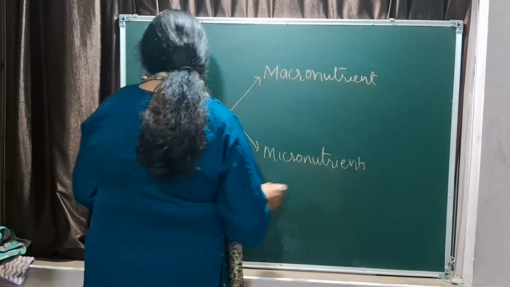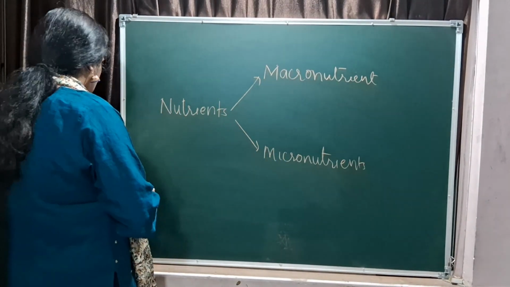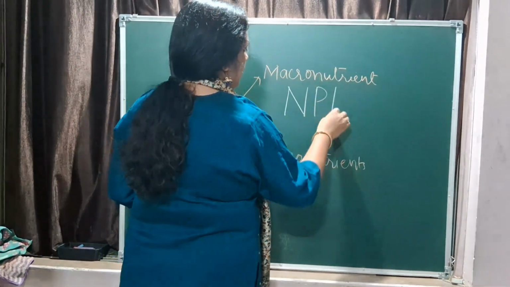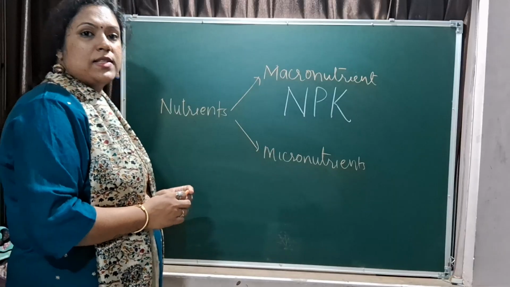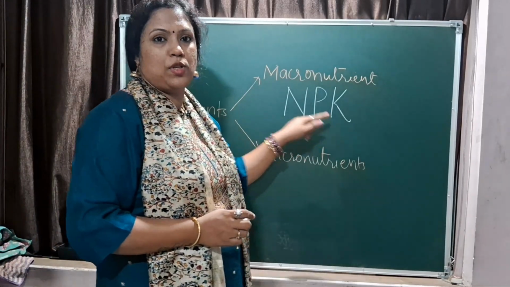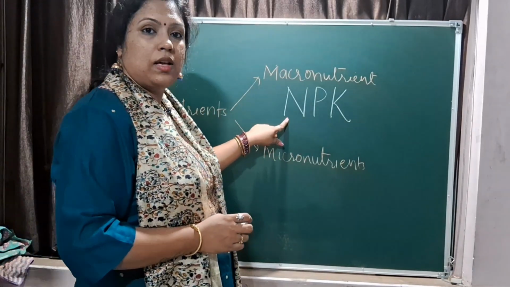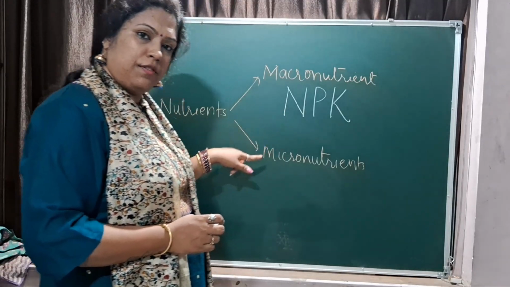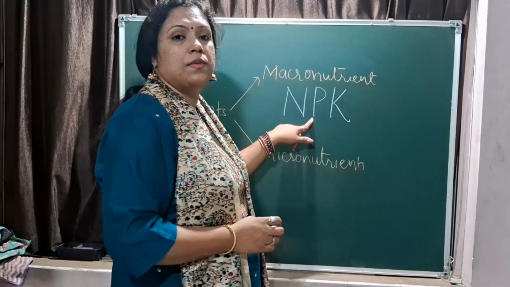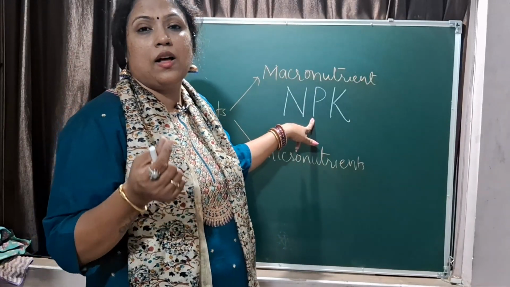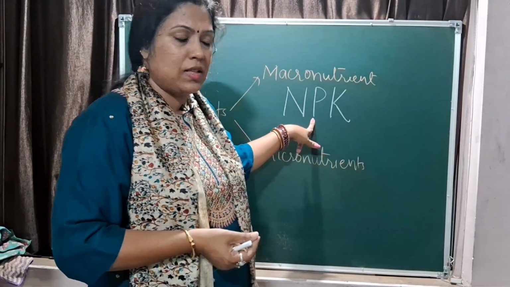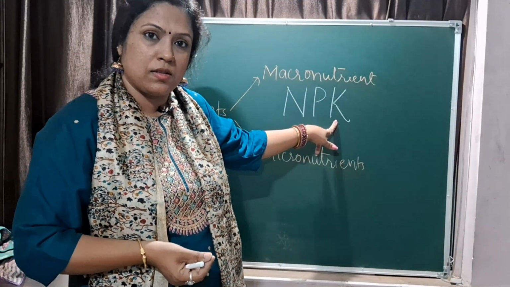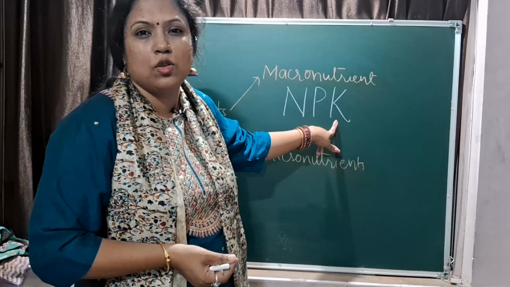Now for example, the macronutrient is NPK. What is NPK? Nitrogen, phosphorus and potassium. Deficiency of nitrogen can lead to yellowing of the leaf. Then phosphorus, if it is not present, there are purple and reddish spots present in the leaves, and potassium is required for the proper growth and metabolism of the plant. So deficiency can lead to stunted growth.